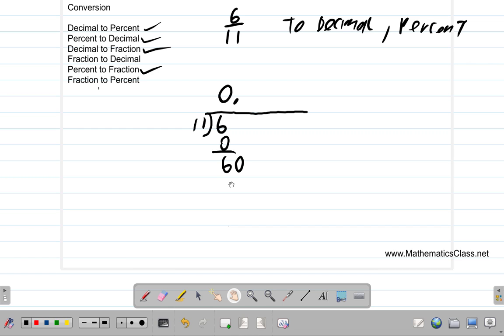You have to go back down. 11 fives are 55, so you have 5 elevens in 60. 60 minus 55 is 5. Multiply by 10. 11 into 50. 11 fours are 44, so 4. 50 minus 44 is 6.